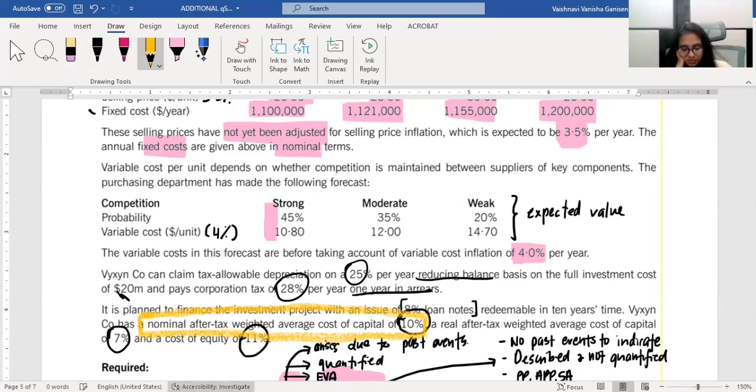This is the percentage that you should use. Okay, so now let's do this question in Excel. Together we will do it now.